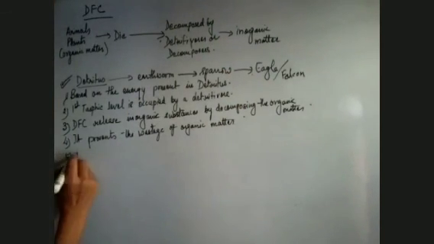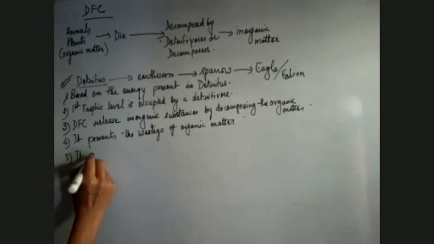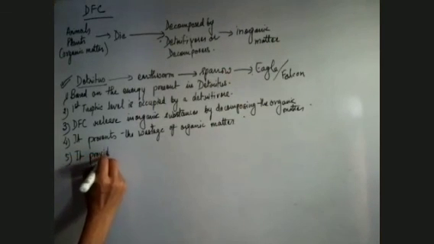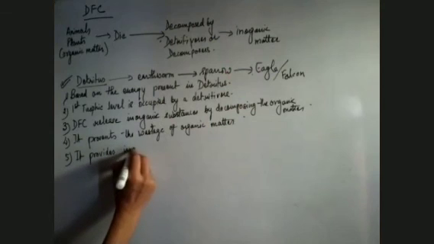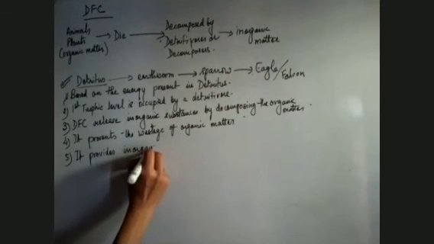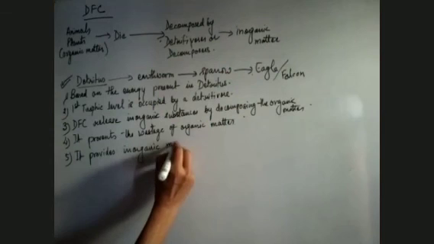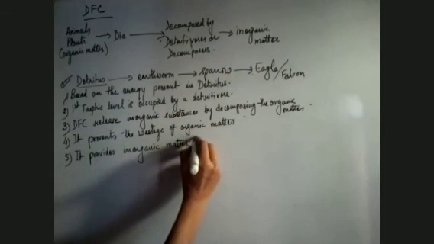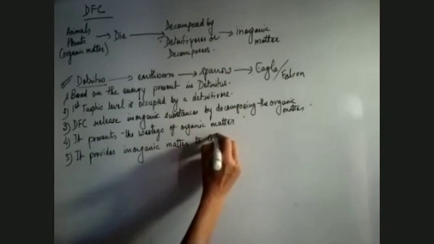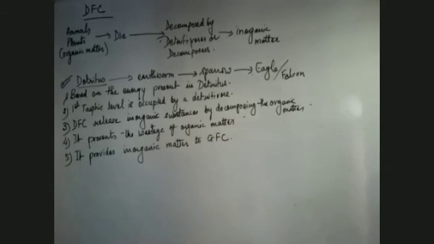The fifth point will be: it provides inorganic matter to the grazing food chain.